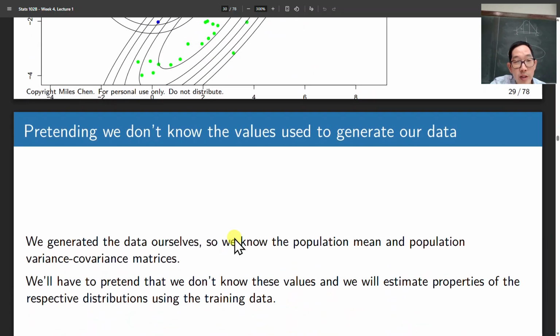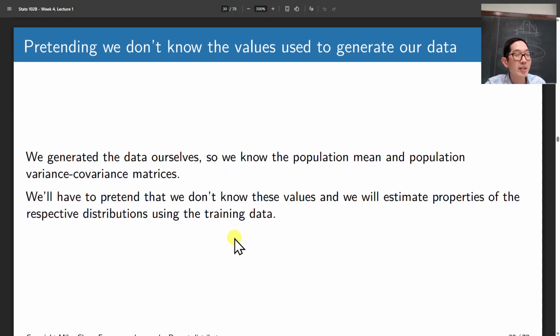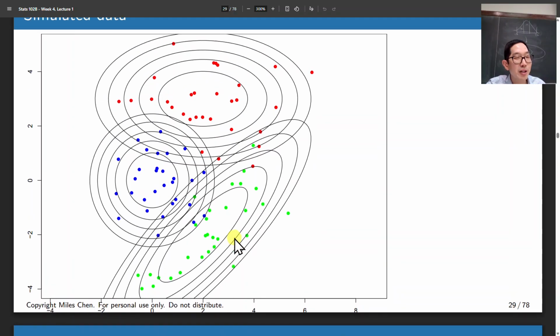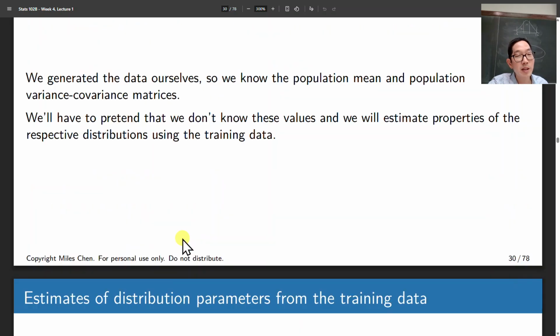But when we are doing our Bayes classifier, we don't actually know the distributions that generated our data. We're basically just getting our red dots, blue dots, and green dots. They come in labeled, but we don't actually know what distribution generated this, right? So we have to estimate.